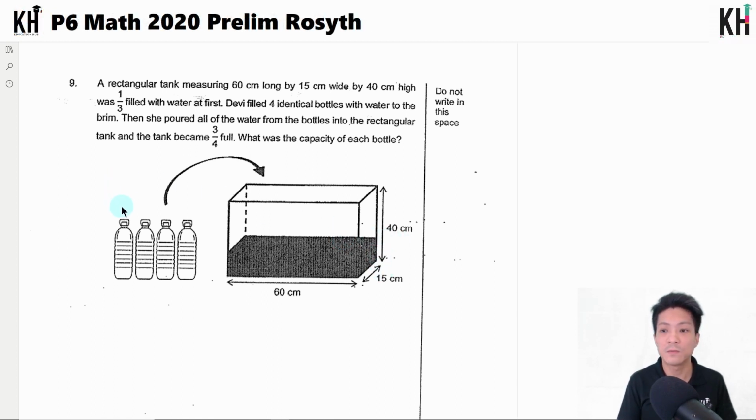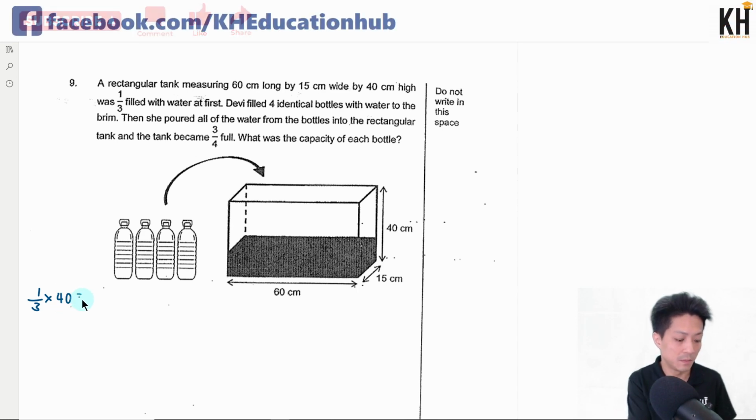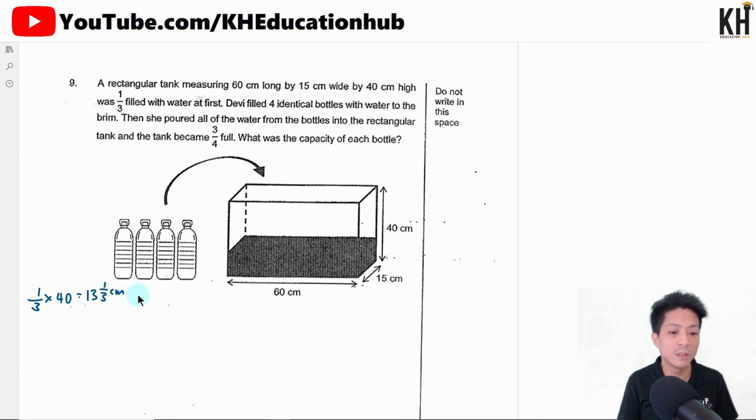I think that will be easier. So it is first 1/3 filled, right? So 1/3 times 40 is going to give me, leave it in fraction, 13 1/3 cm. This is the height of the water at first.